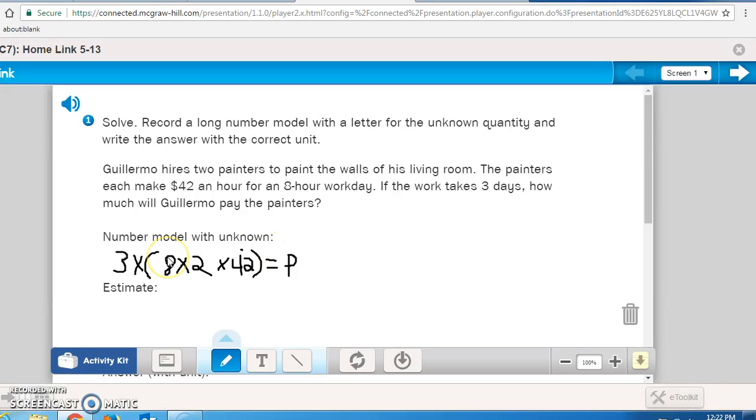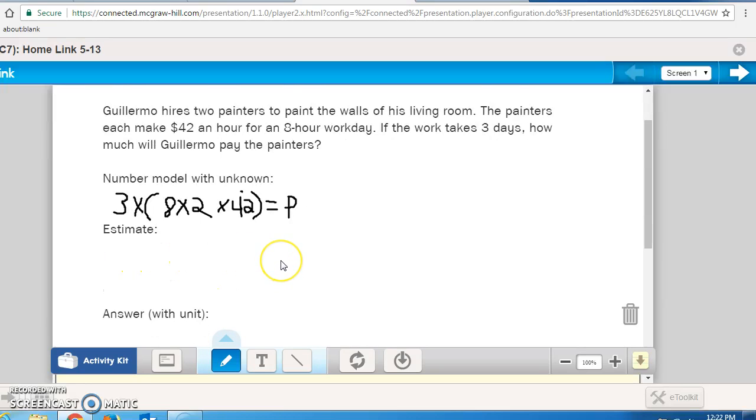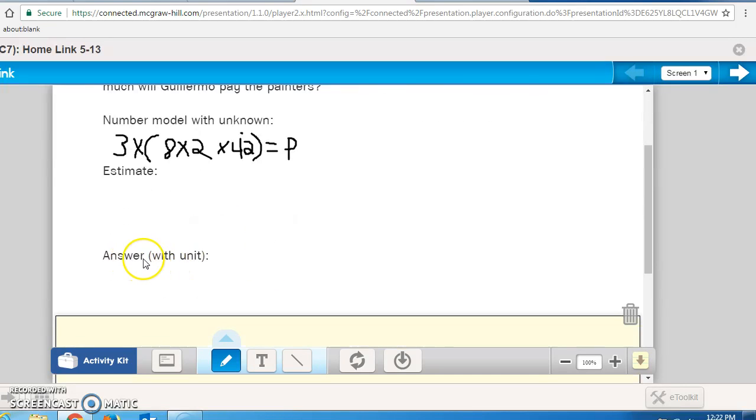They have an 8-hour long day times 3 days for 2 painters. So this is a number model with the unknown. You need to do the estimate and number model now, and then write the answer with the units. Pause the recording now and do problem number 1.